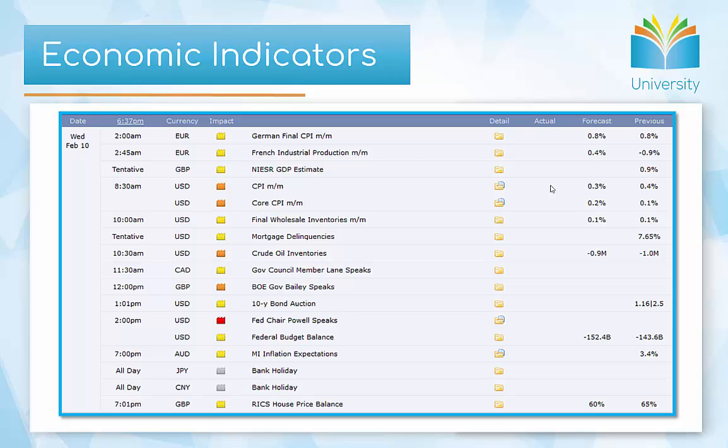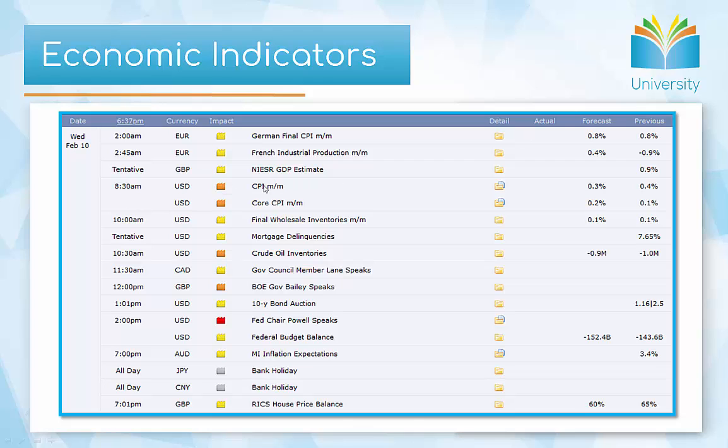Each of these economic indicators, again, would have an influence on how the currency trades. So if the US dollar has a CPI number, it's a medium impact. So it's probably not going to move the US dollar dramatically, but it could move the US dollar a little bit as these results come out.